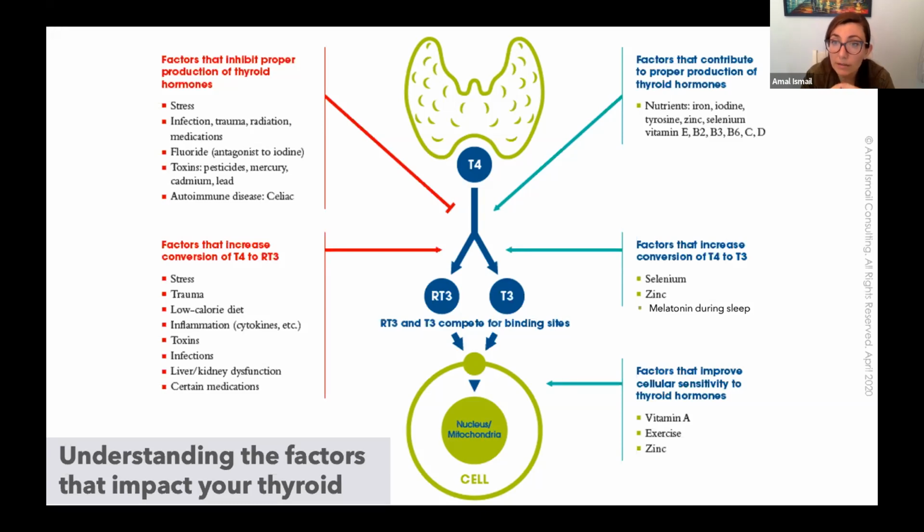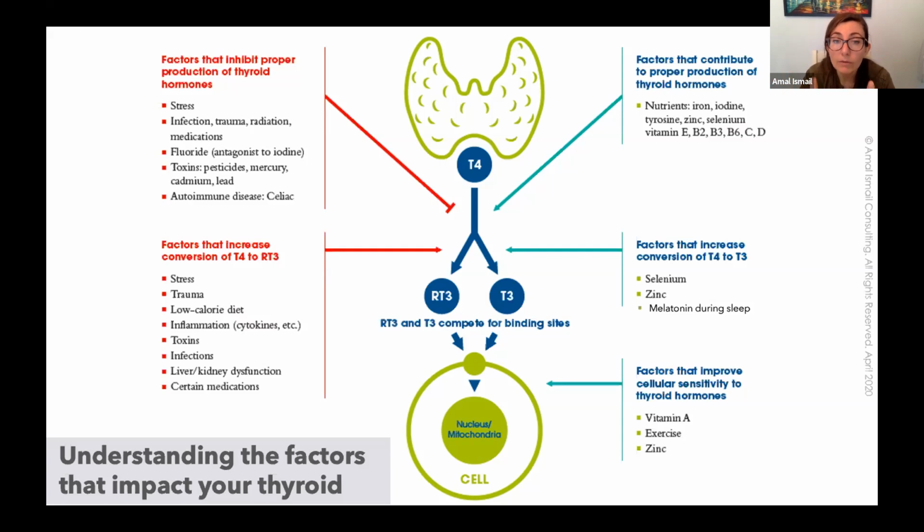And in particular, selenium, zinc, and tyrosine play a very critical role, as well as iron, because they are involved intimately in the process of production of thyroid hormones. Iodine is kind of a friend or foe situation, and Farah will cover it in more detail, but again, very important, but you don't want too much of it and you don't want too little of it. And the right form of iodine is important.